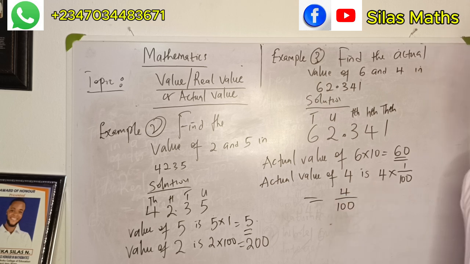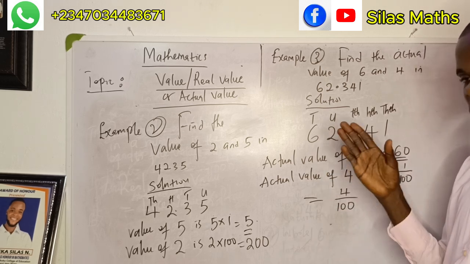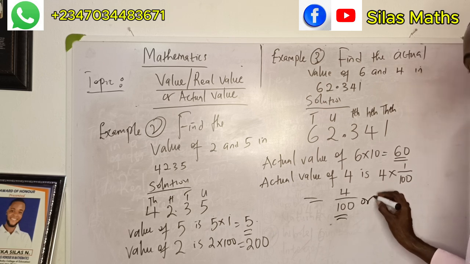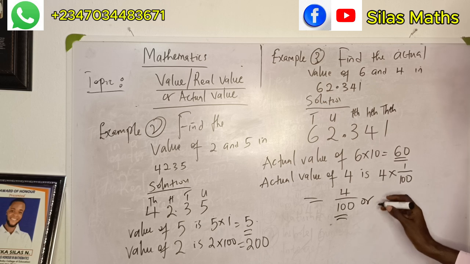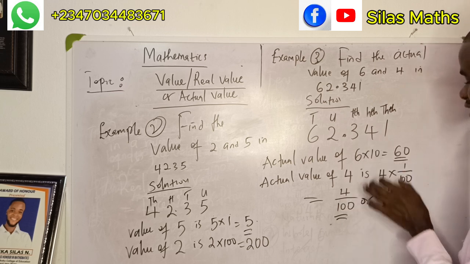Oh, we've not talked about fraction. So it's either you leave it this way, or we can go further in reducing it to the simplest form. But this is the value. Or we can reduce it to the simplest form. Don't worry, when we get to fraction, you'll get a clearer picture of this. That becomes 1 over 25. Yes, that is the actual value of 4 in this number.